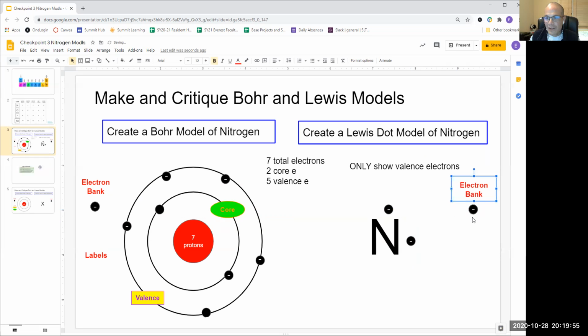Remember, each of these positions can hold up to 2 electrons, but we only put 1 electron in initially, and then if we have more electrons to put in, that's when we start making the pairs. So we can put in these 4 electrons, and now we have to put in the 5th electron, and that one is going to make a pair somewhere, and it can go anywhere. I'm just going to put it here at the top.